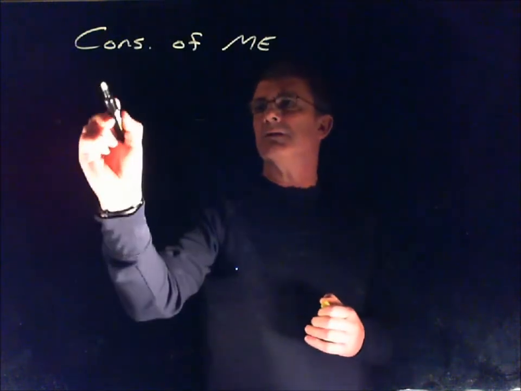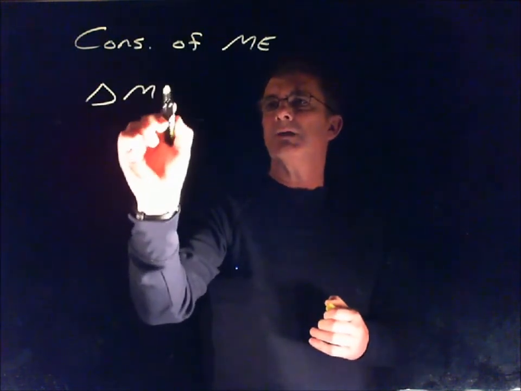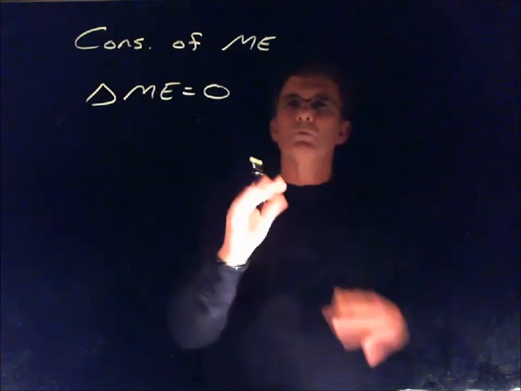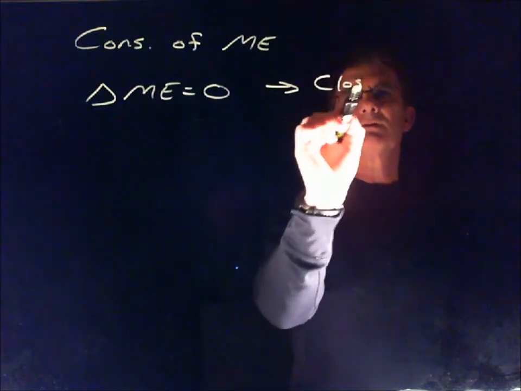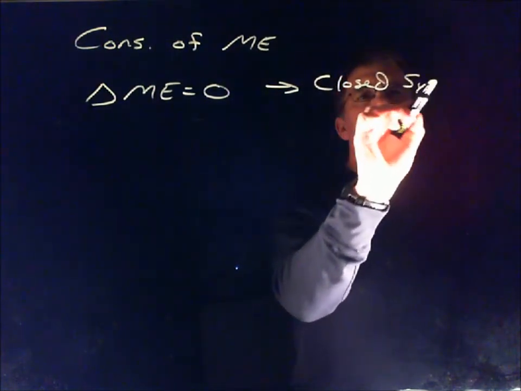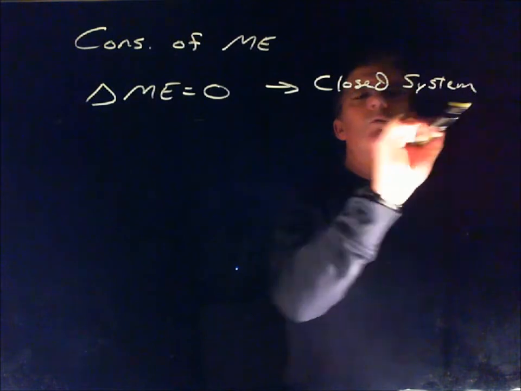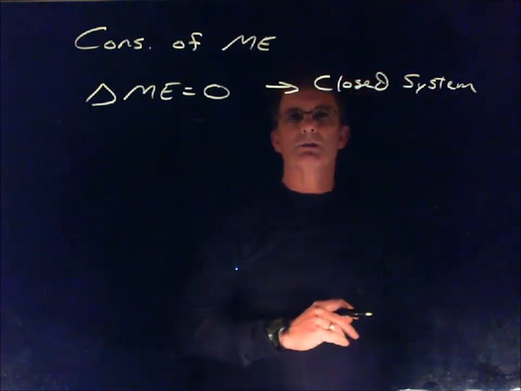Now, whenever we have a conservation law, what this means is our change in mechanical energy is zero. This is only true if we have a closed system. This is really important to be able to recognize when we're dealing with a closed system.